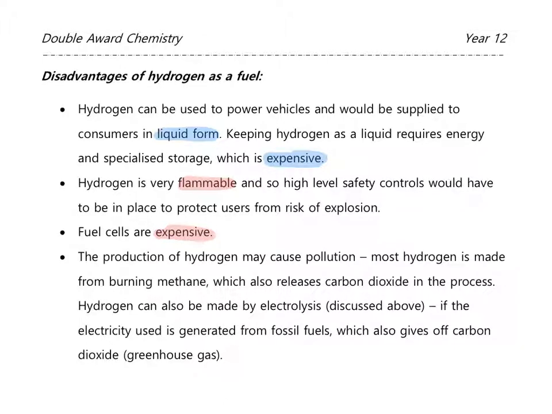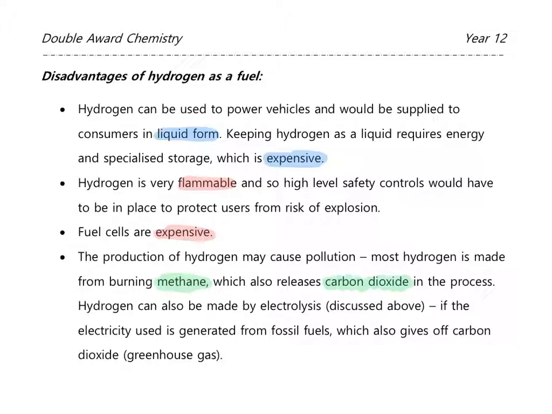And also how we get our hydrogen. We discussed in the previous page renewable ways of sourcing the hydrogen through the electrolysis of water. But more common ways of producing hydrogen is from burning methane, which is a fossil fuel, and that releases carbon dioxide in the process, which is a greenhouse gas, which will contribute to the greenhouse effect and global warming.